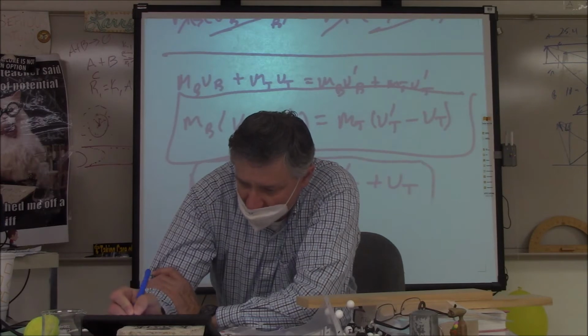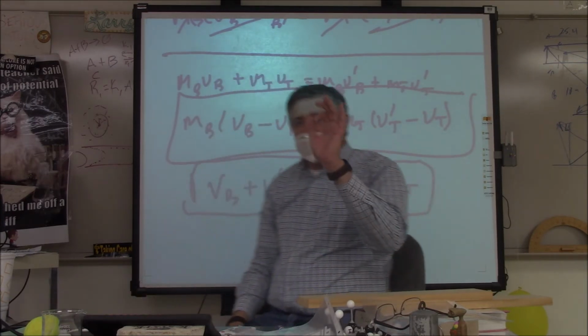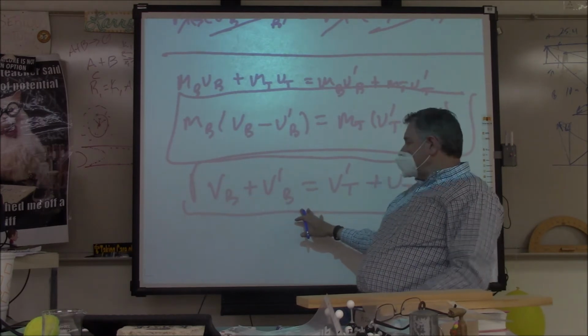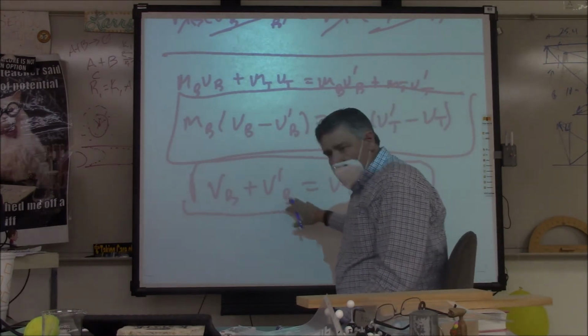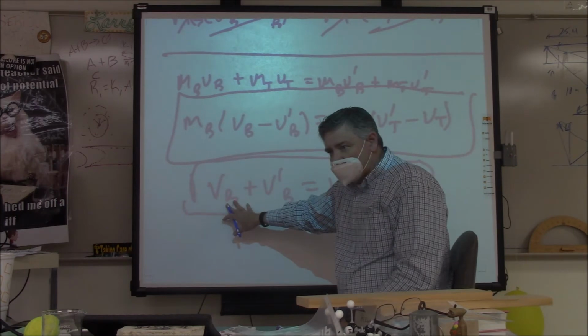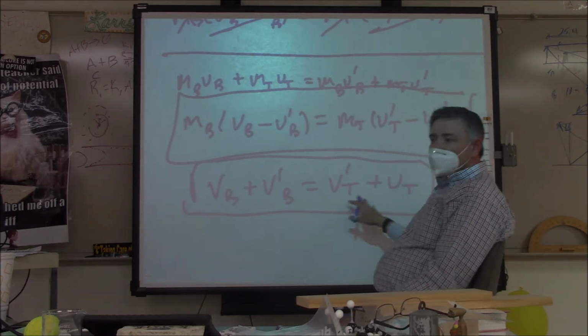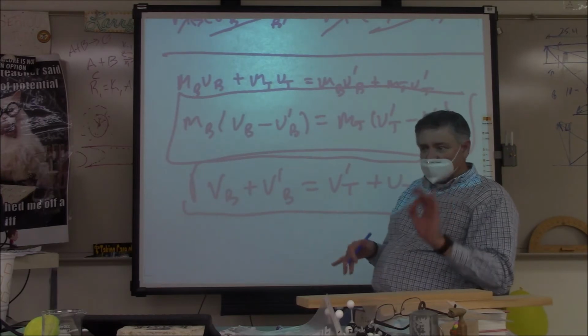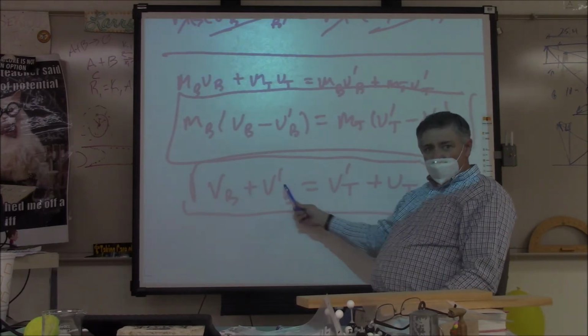So here's the deal. If it's a perfectly elastic collision, this is like a nice little check that we can have. So in other words, when I add together the velocities on one side, they have to equal the velocities on the other side. Okay, so if it's a perfectly elastic collision, this is going to help out a lot.